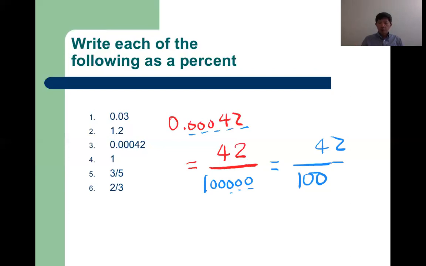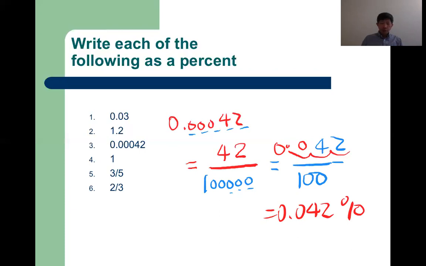Both divided by 1,000. So we change this into 0.042, right? So therefore, we have 0.042%. Okay.